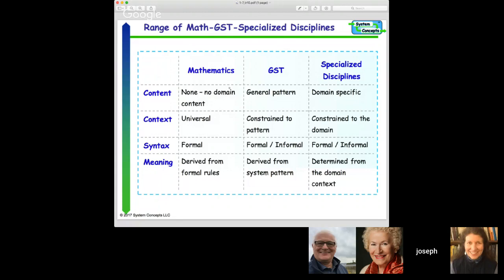And then, of course, the specialized disciplines are determined from domain context. And one was saying that they've got about 50 patterns. It would be interesting to start seeing if there's a way to start mapping those to the AMEI characteristics. Where would the 50 patterns come from?